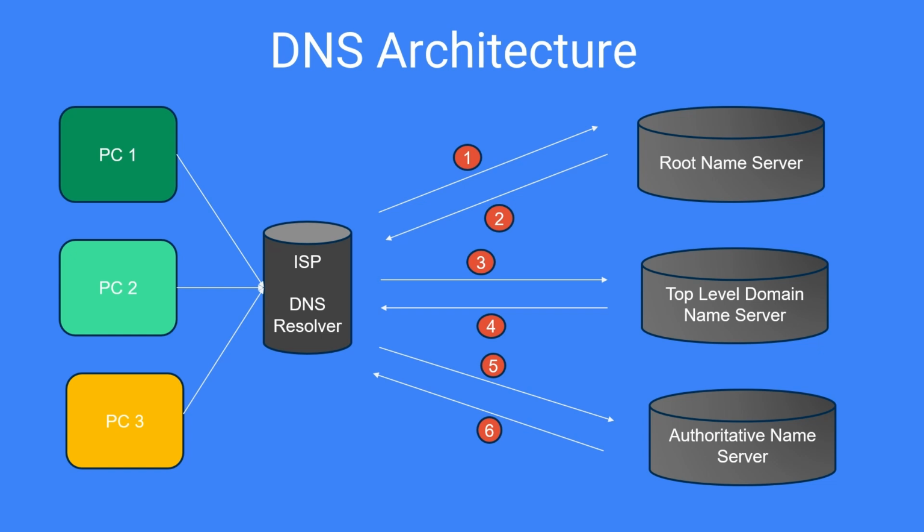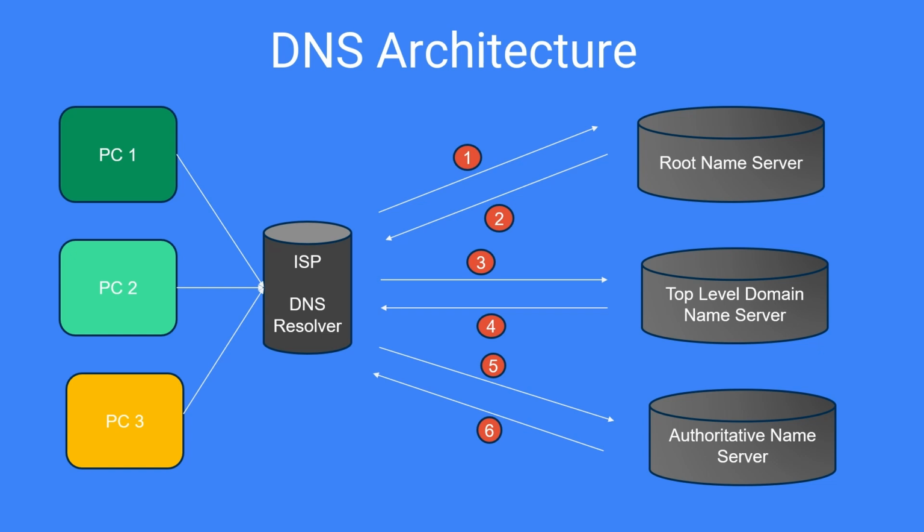Once anyone purchases a domain from any domain selling website like GoDaddy, it's the responsibility of the domain provider to make sure the authoritative name server will be updated with the public IP address and domain mapping. So now the authoritative name server will definitely have the result of cnn.com mapped with its public IP address, which it is going to return back to the ISP DNS resolver.